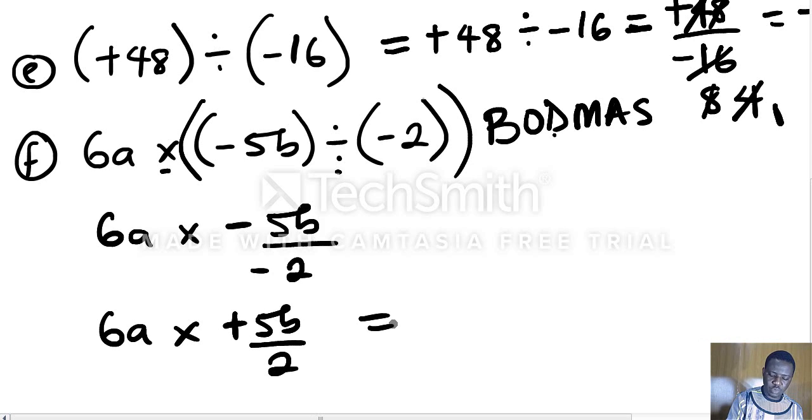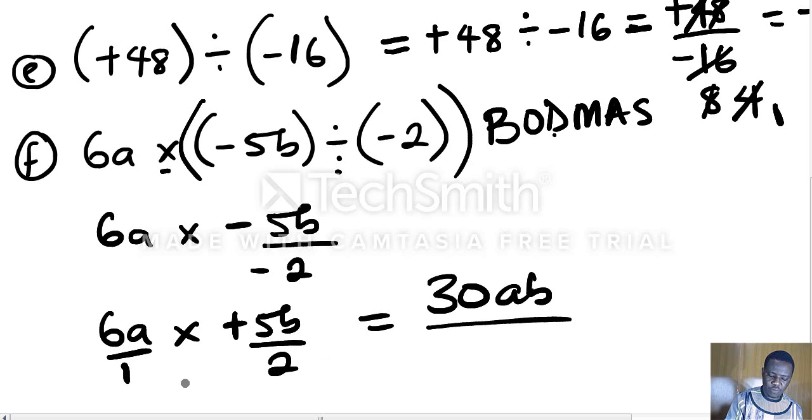And when you multiply it with 6a, you agree with me that this becomes 6a times 5b. 6 times 5 is 30. A times b is ab. All divided by 1 times 2 is 2. And you divide and discover that 2 can divide both itself and 30. 2 into itself is 1. 2 into 30 is 15.